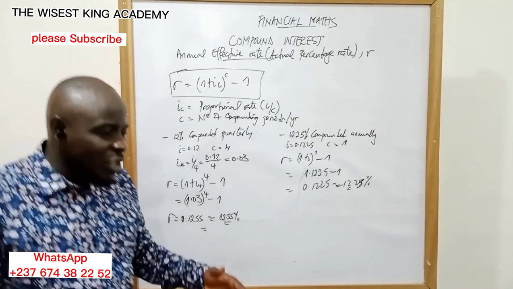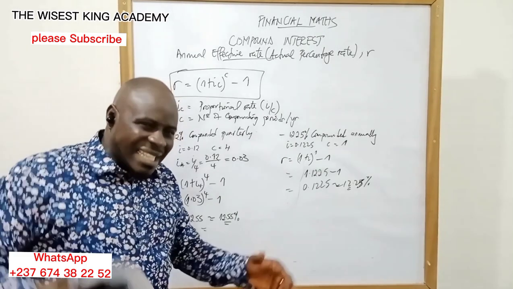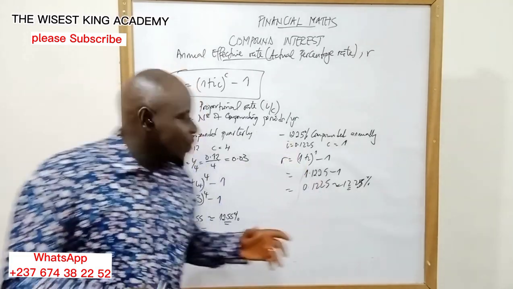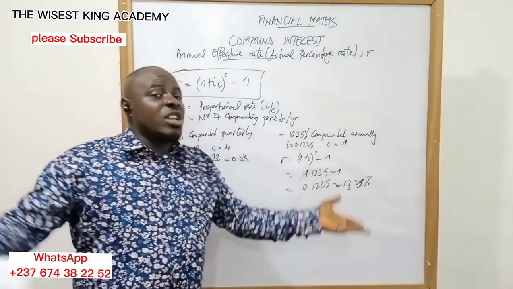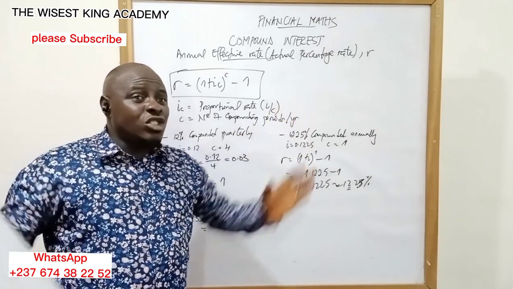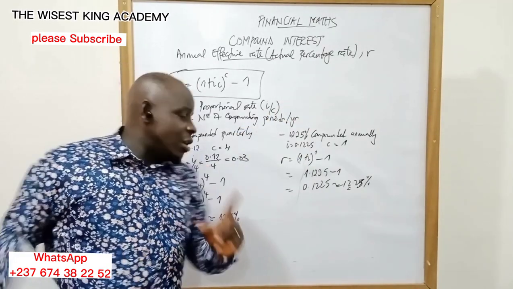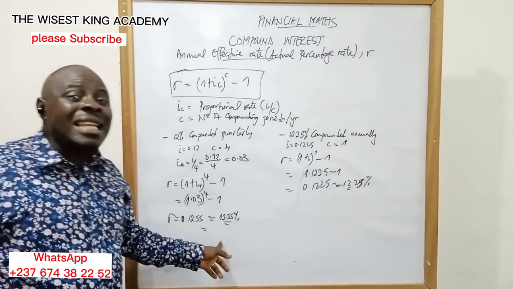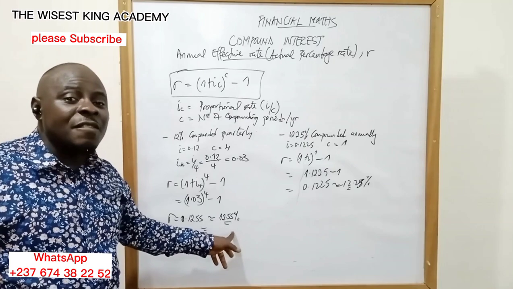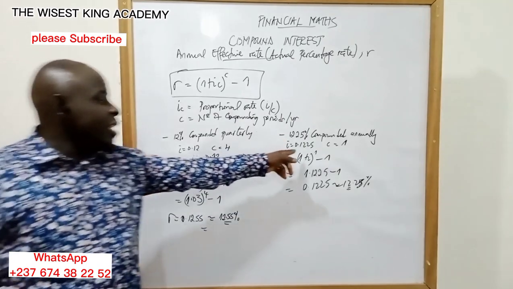And remember, with compound interest, interest is reinvested, is recapitalized, so interest increases over time. But for the other one, since interest is calculated only once, when you express that annual interest over the initial investment for the first year, you discover that the real interest rate is 12.55% for the first option. You can see it's greater than this one.